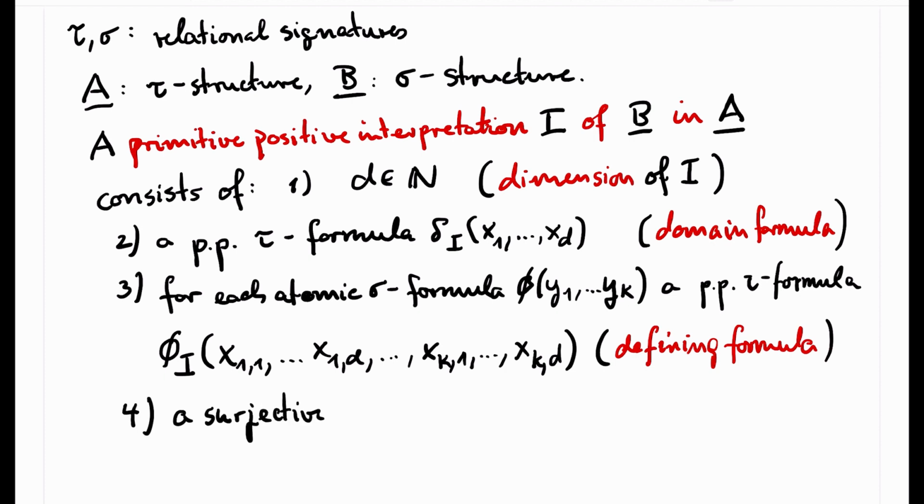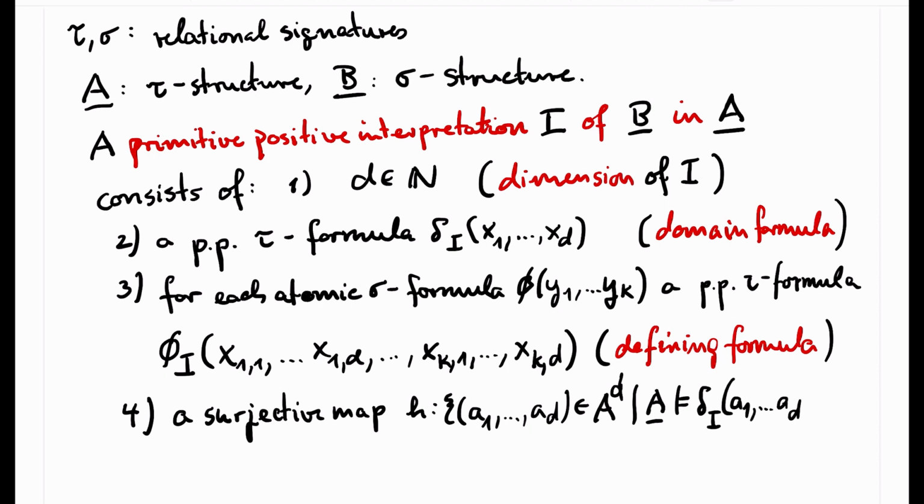Finally, for our interpretation, we need a surjective map from those d-tuples that satisfy the domain formula to the elements of B. It maps the d-tuples to the elements they simulate. I require it to be surjective because every element of B needs to be simulated. On the other hand, this map need not be injective.